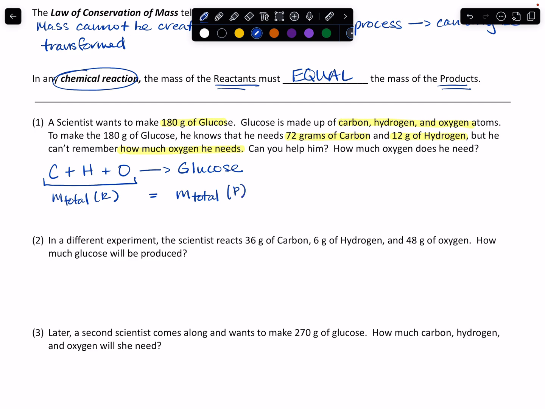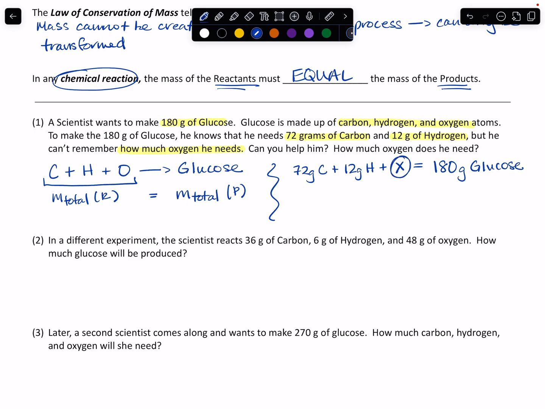So with that in mind, if I have 72 grams of carbon and I have 12 grams of hydrogen, I must have some amount of oxygen that is going to equal that 180 grams of glucose that I am trying to make. All right, so you can see I have one unknown right here.